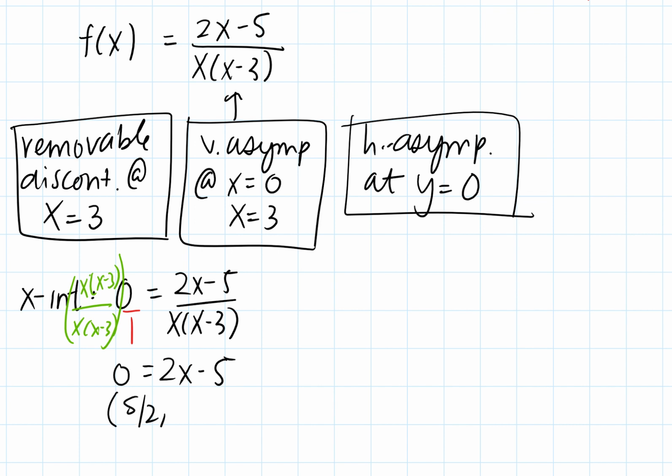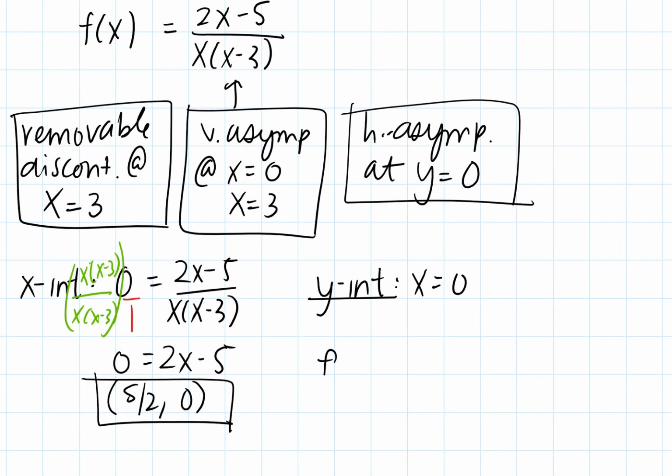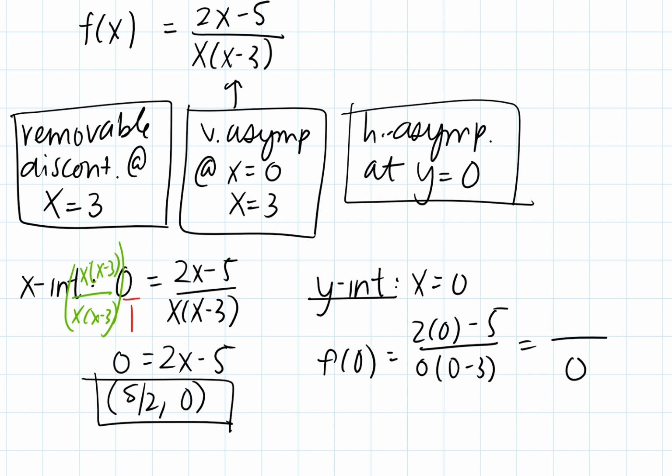And so we find the x-intercept. To find the y-intercept, I'm going to set x equal to 0. This is nice. I'll use that simplified version of the fraction. And I get something that's dividing by 0, which you cannot do. And so we conclude there is no y-intercept.